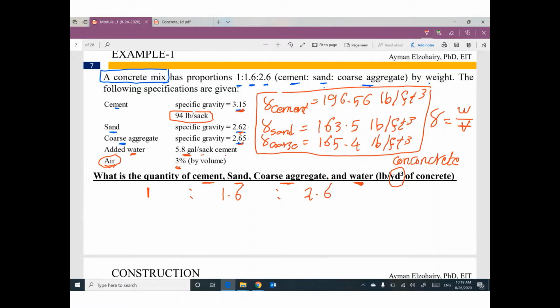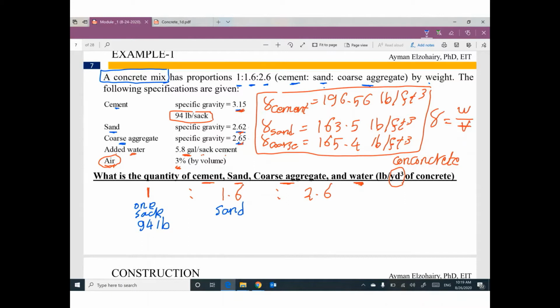So if I assume I have cement equal to 1 sack, which is 94 pounds, how much sand will be for this sack of cement?